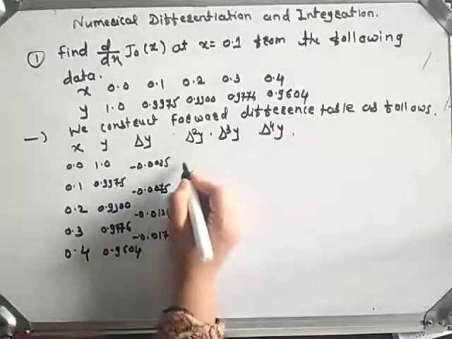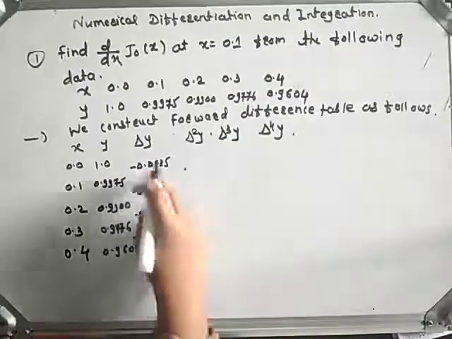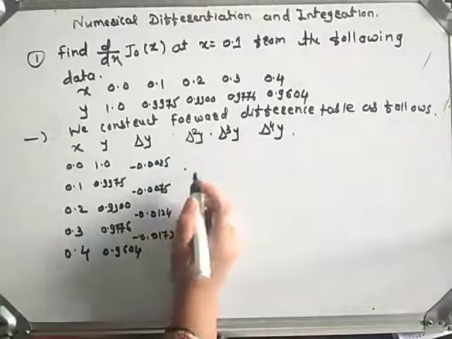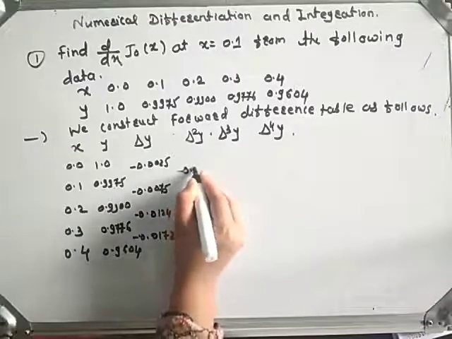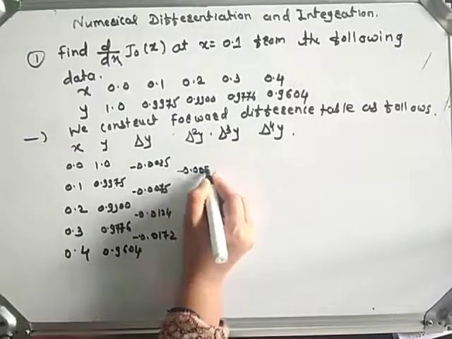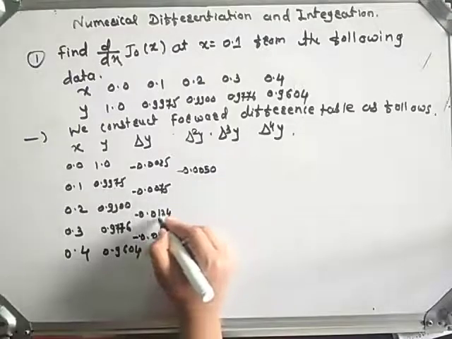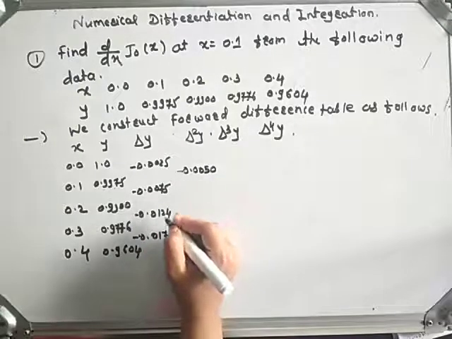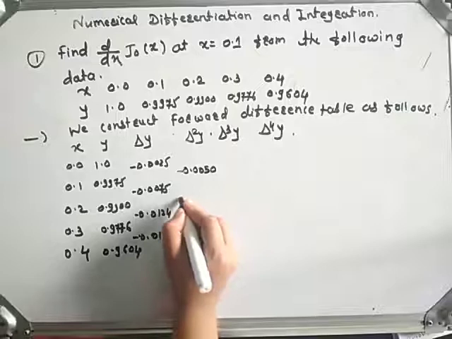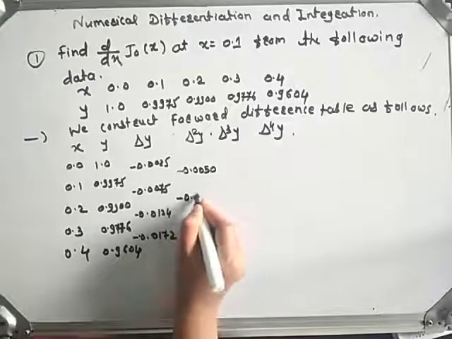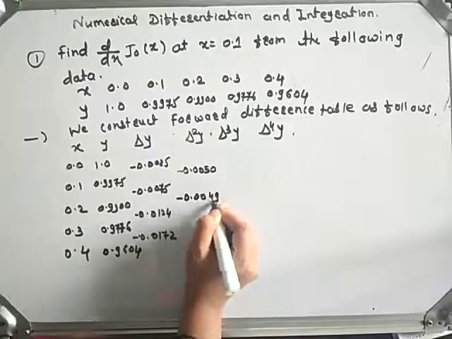Delta square y. This is the difference of these two. This is minus 0.0050. Next is this minus this. What is that value? Minus 0.049.